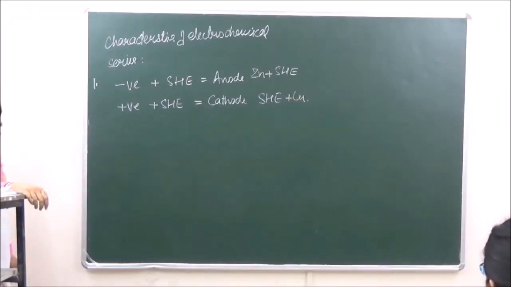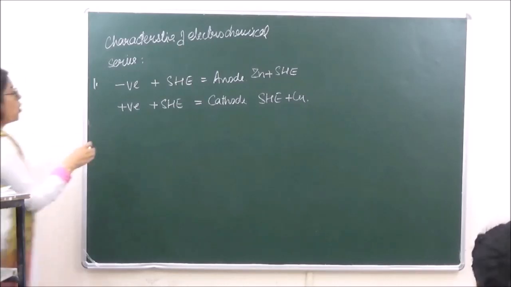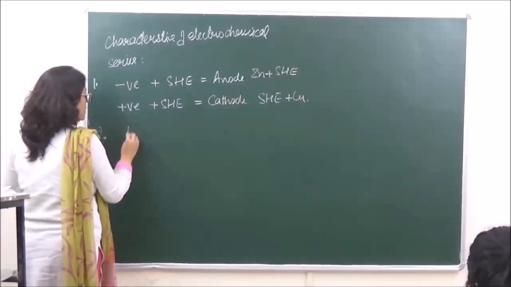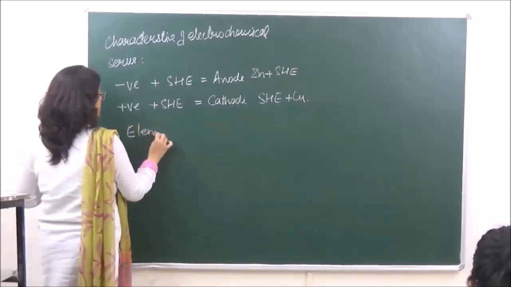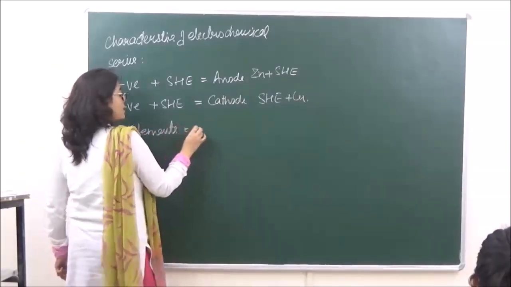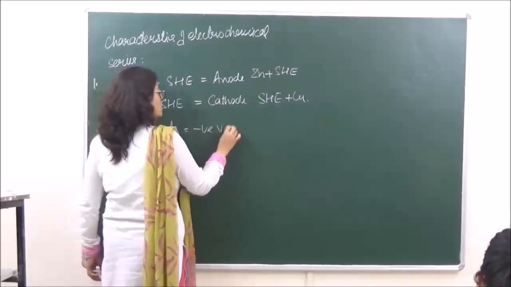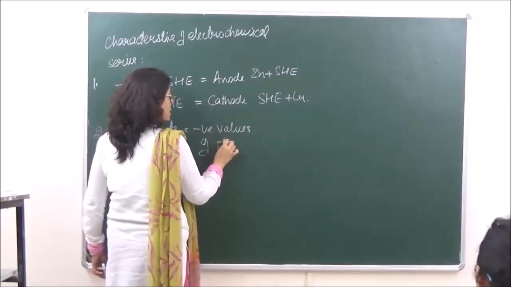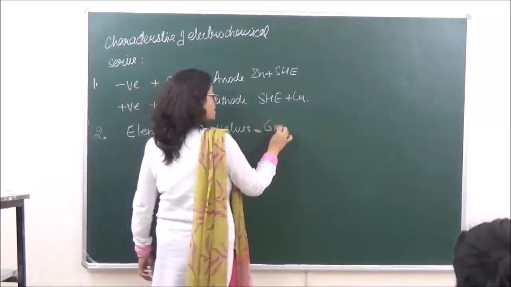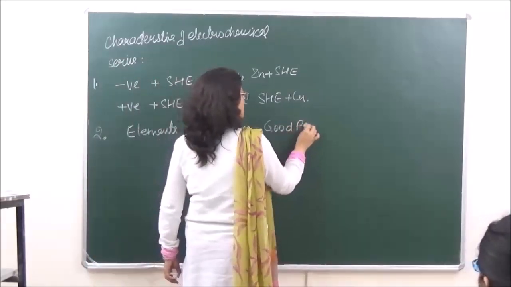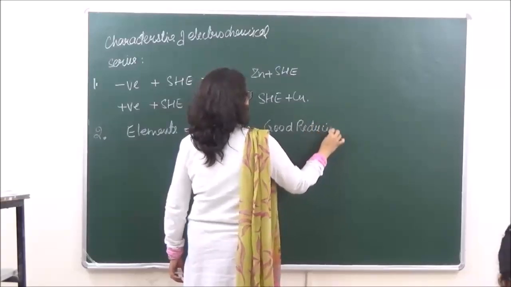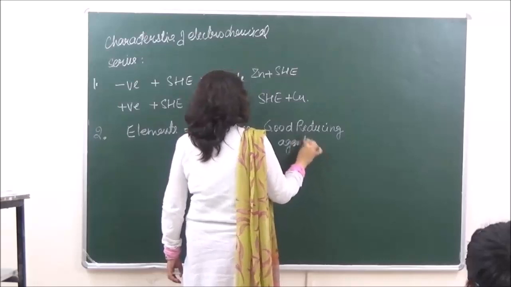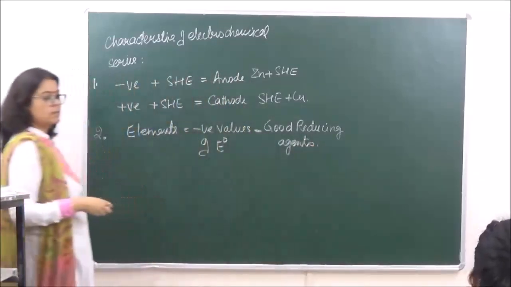Then second, all those metals or elements having negative values of reduction potentials are good reducing agents.